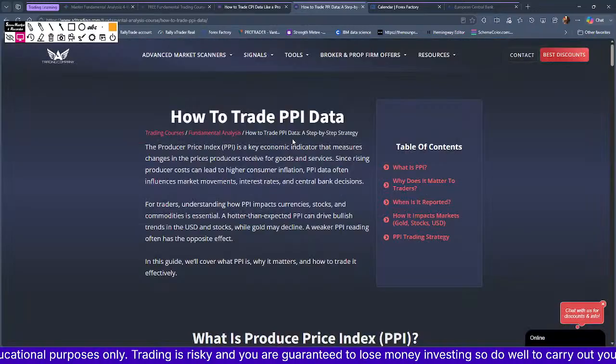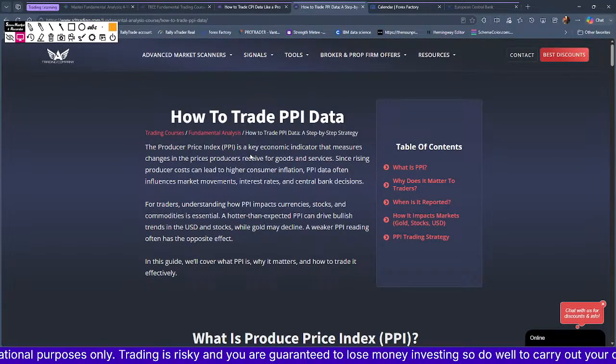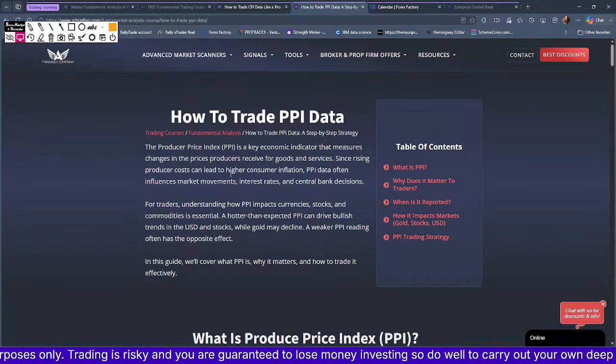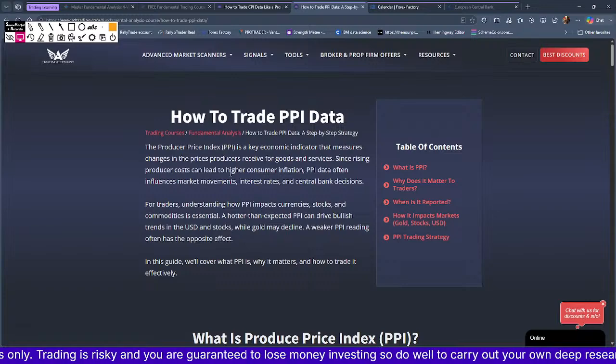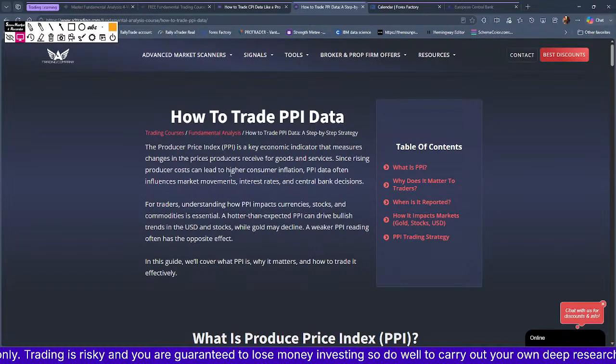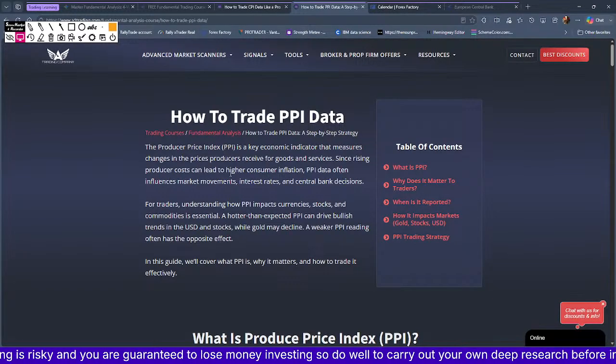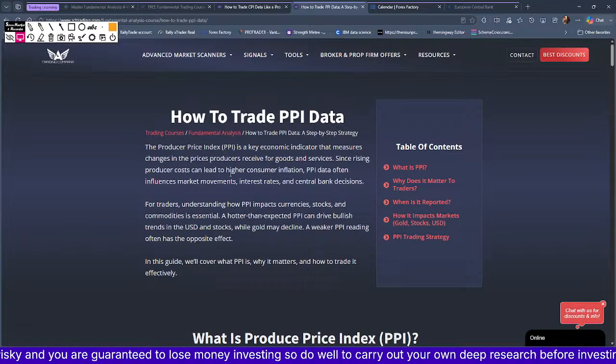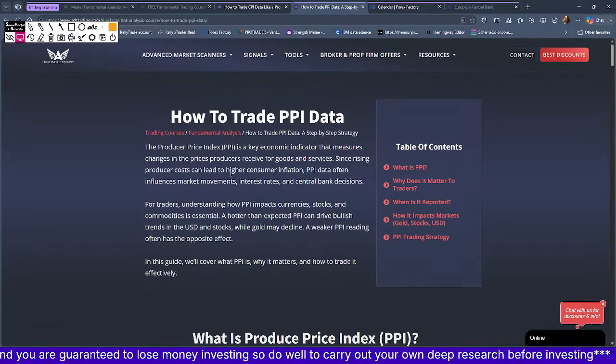And let's move on to PPI. So how do PPI and CPI actually relate? Now, PPI is Producer Price Index, and just like CPI, it is a price index. The first one is the consumer, this is the producer.